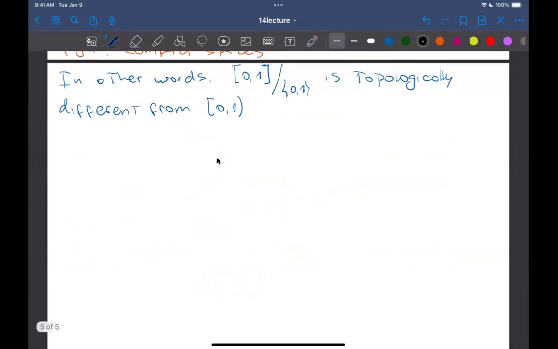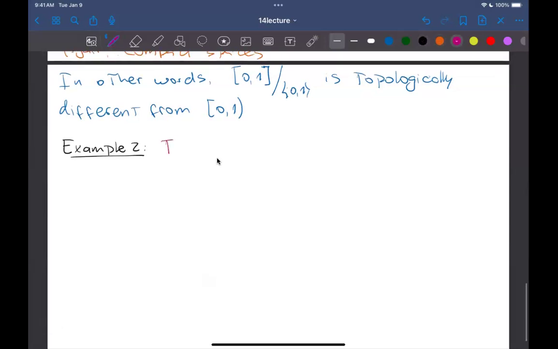Okay, second example. And today, by the way, we're just going to have a bunch of examples, but you will see they will become very interesting. So this example is a topological space that you could call the real line with two origins.